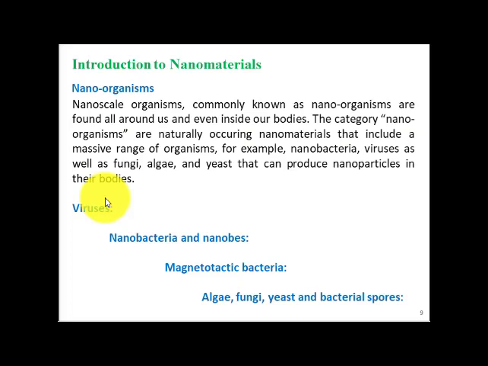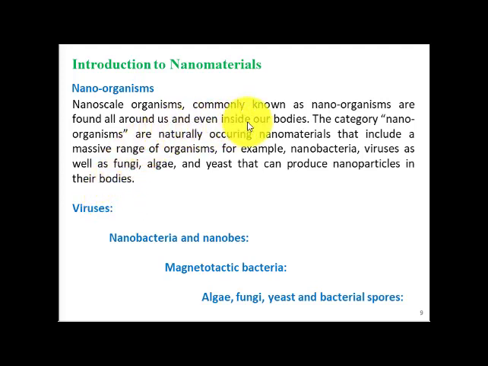While talking about nanoparticles or nanomaterials, we can also discuss about nanoorganisms. Because this is the lecture about bio-nanotechnology, so we will discuss about some biomaterials which are naturally occurring in nanoscale.